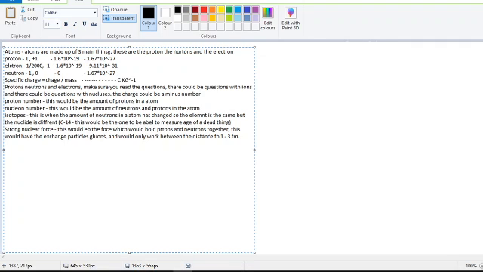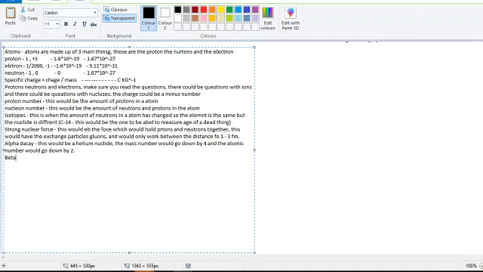So decay. Alpha decay would be a helium nuclide. The mass number would go down by 4, and the atomic number would go down by 2.